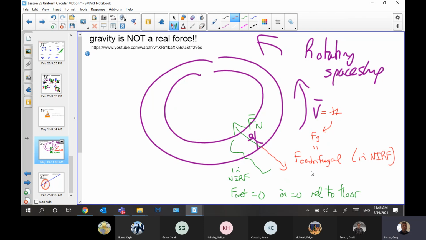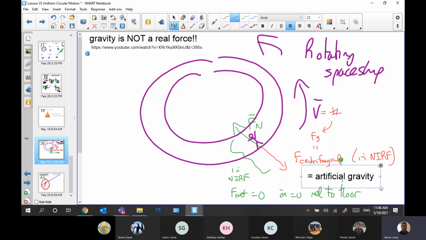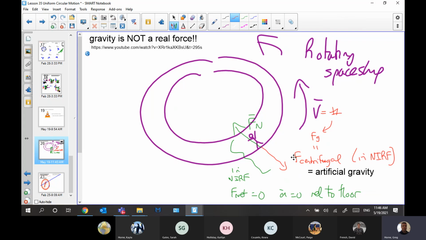They would refer to this centrifugal force as so-called artificial gravity, because most humans like to think of gravity as a real force. Until recently, I would have thought of this as artificial gravity and gravity on Earth as real gravity.